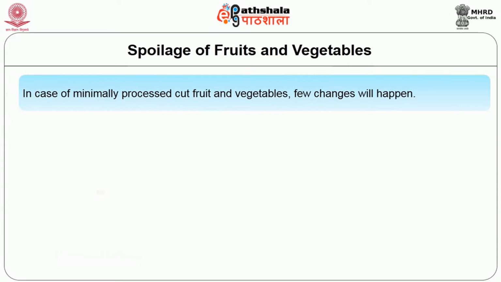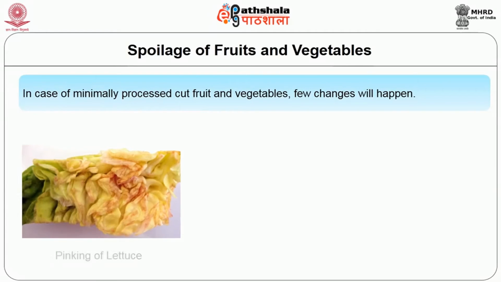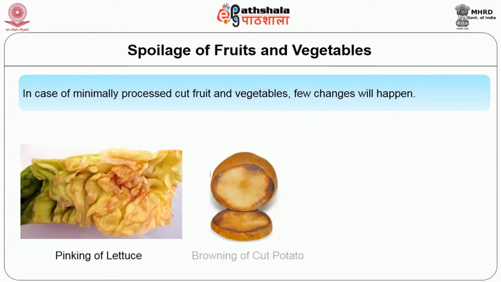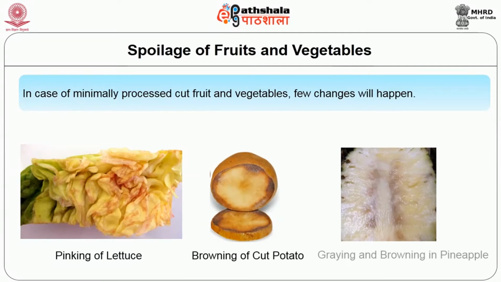They are surface discoloration, for example, pinking of lettuce, browning of cut potato, graying and browning in pineapple, and gray discoloration with cabbage. Also happens water soaked appearance or translucency in case of melons, papaya, tomatoes. Moisture loss in baby carrots and celery sticks. Also production of off odor in broccoli florets and diced cabbage packed with low oxygen and high carbon dioxide.